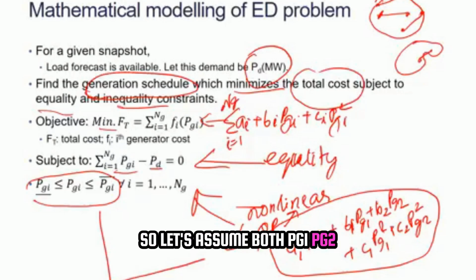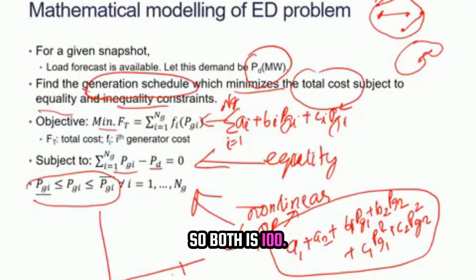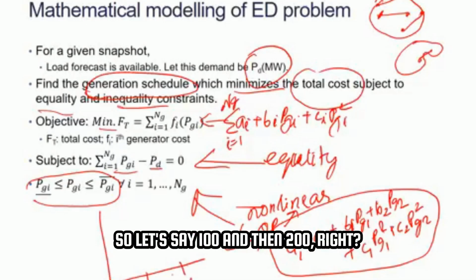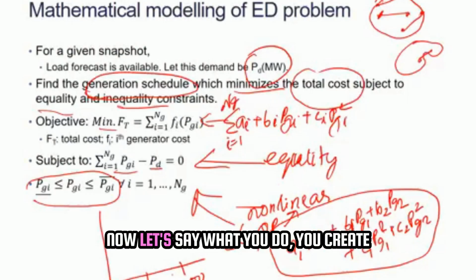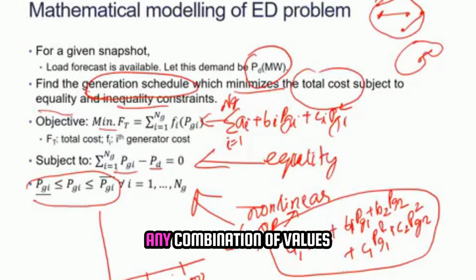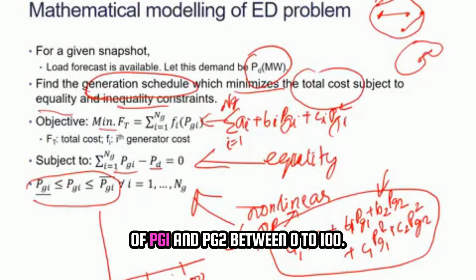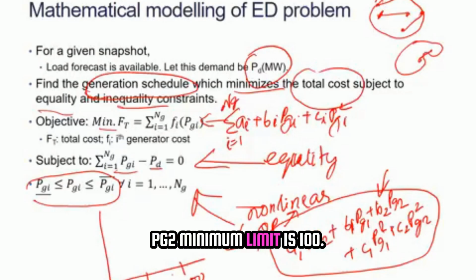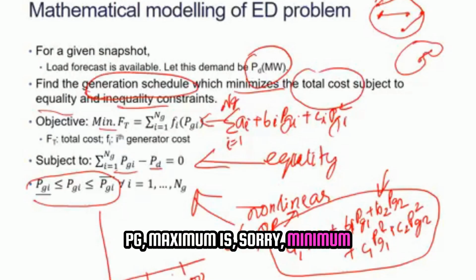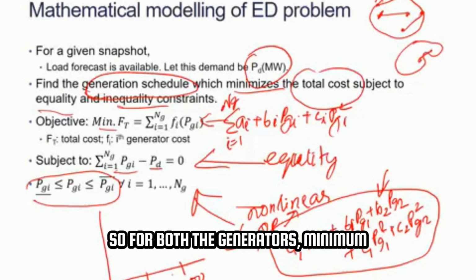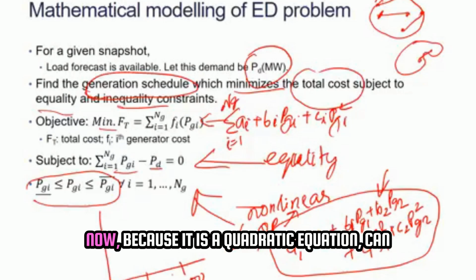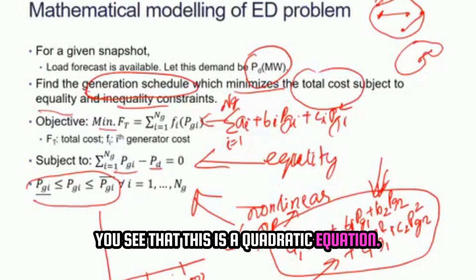So let's assume both PG1 and PG2 have a minimum of 0 and a maximum of 100. Now what you do is create any combination of values of PG1 and PG2 between 0 and 100. For both the generators, the minimum is 0 and the maximum is 100. Now because it is a quadratic equation, can you see that this is a quadratic equation?